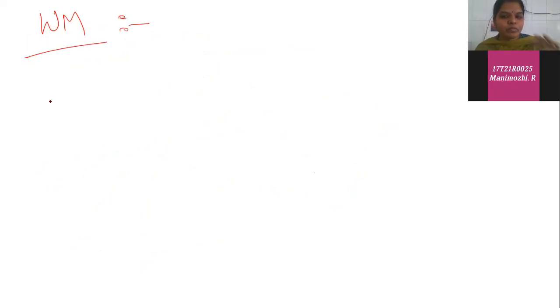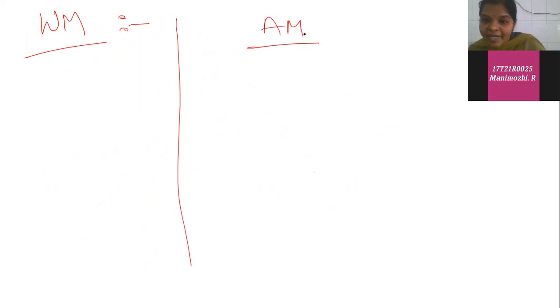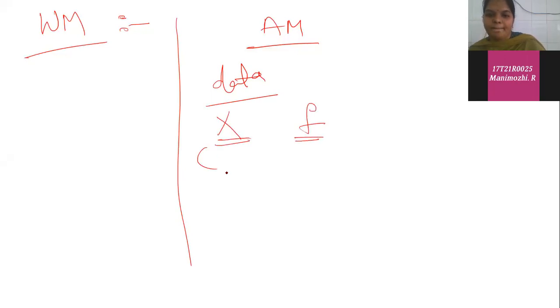Weighted mean. For calculation of arithmetic mean, what we did, we have taken one data. This data consists of X and F, variables and frequencies, right? Irrespective of highest number or lowest number, we need to calculate x bar.